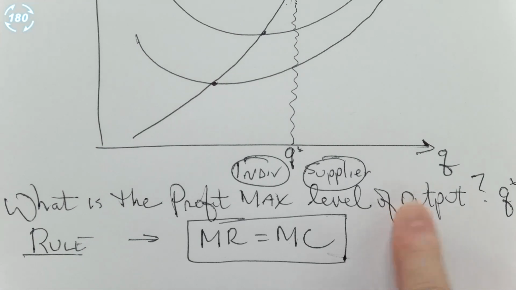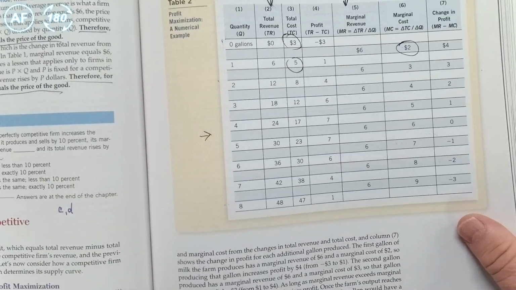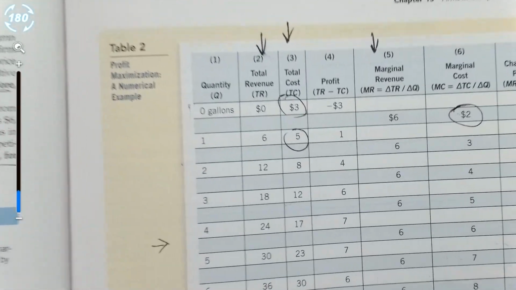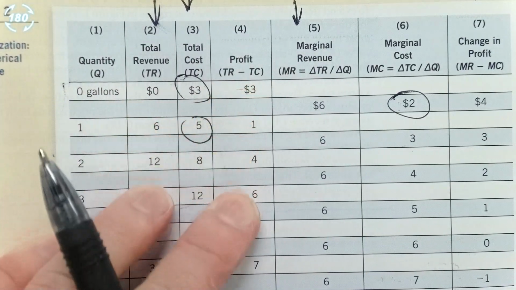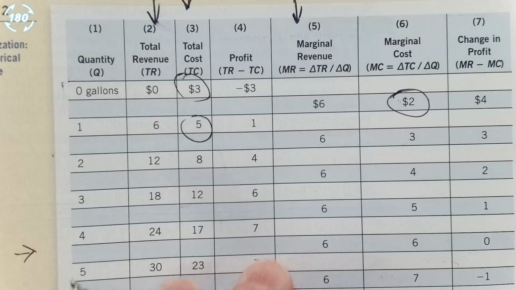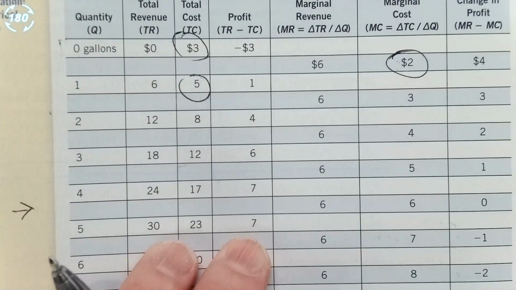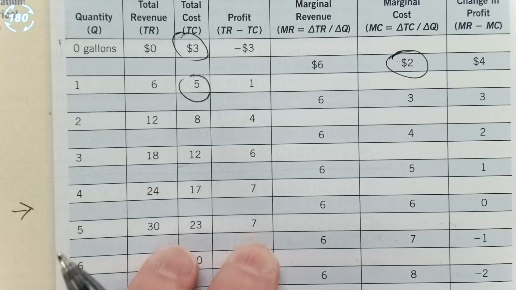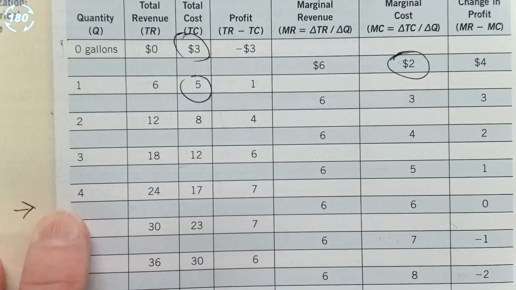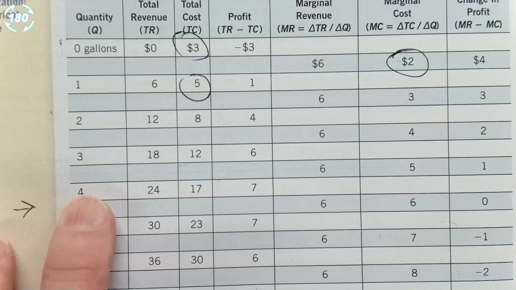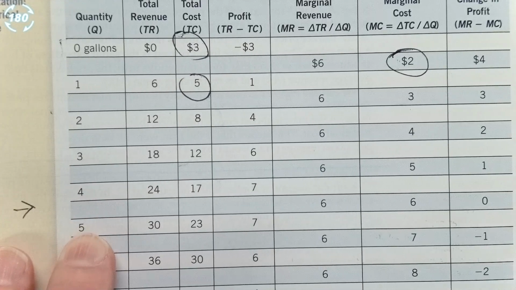I mean, everybody. So you look at this, and you might look at this column right here, profit, right? And you go down here and you go, wow. It goes up to $7 and goes back down to $6. Somewhere in this range. Somewhere 4 or 5 or something between. If you can't produce half of a chair, maybe you can produce half of a gallon, I don't know.